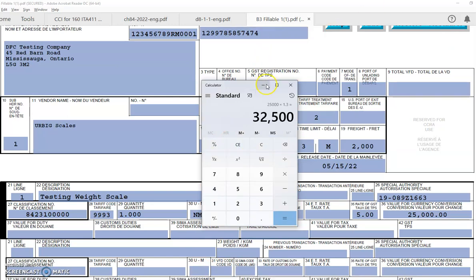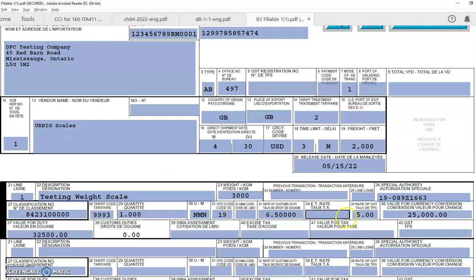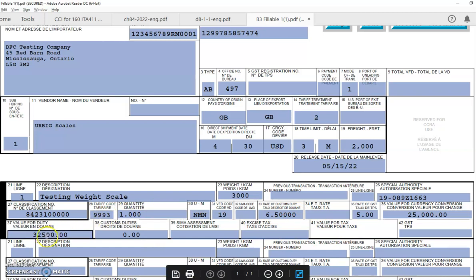It's 32,500. The customs duties are 0.00 because the tariff code makes anything coming in temporarily duty free, even though there is a duty rate here. The value for tax is the value for duty plus the customs duties, 32,500.